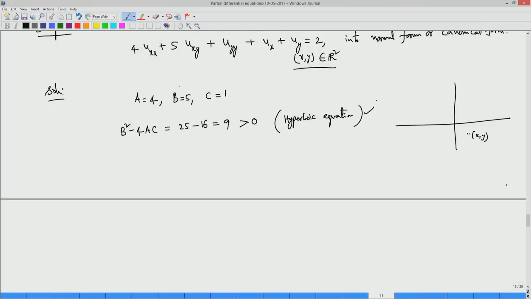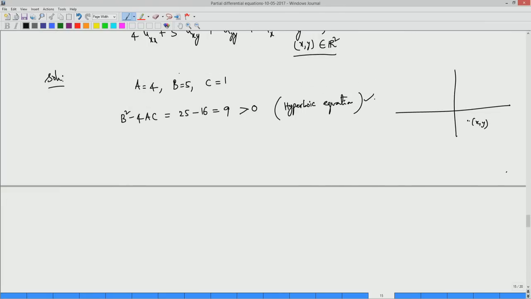Now, how do I get my new variables? You consider dy by dx equal to, first of all, plus: b plus square root of b square minus 4ac, divided by 2a.